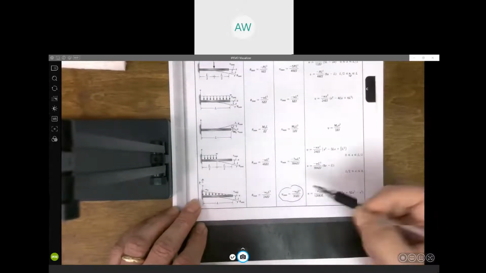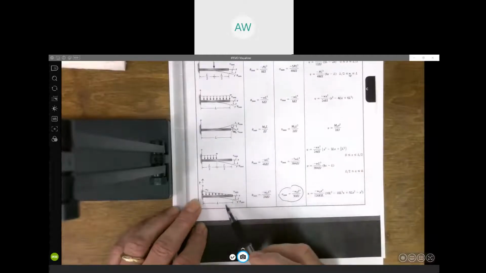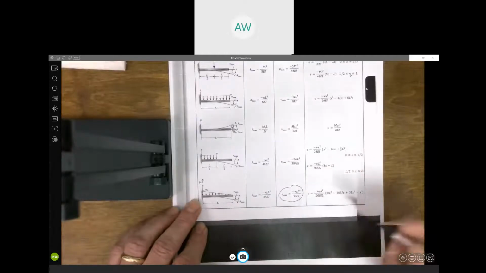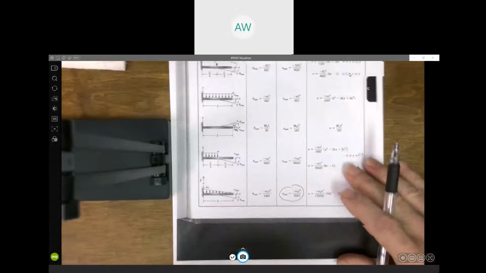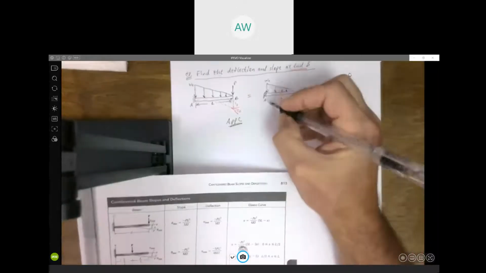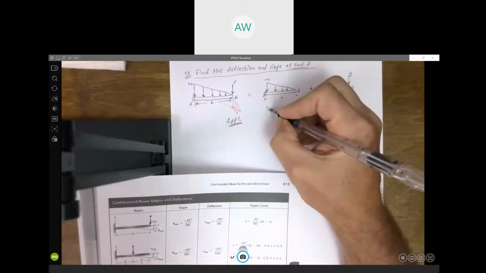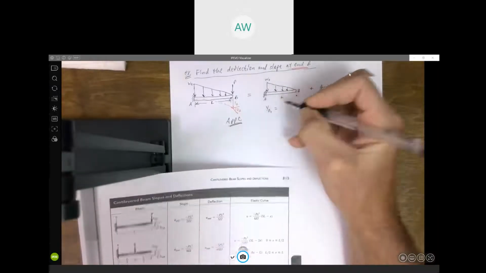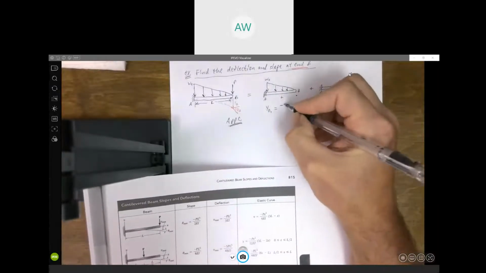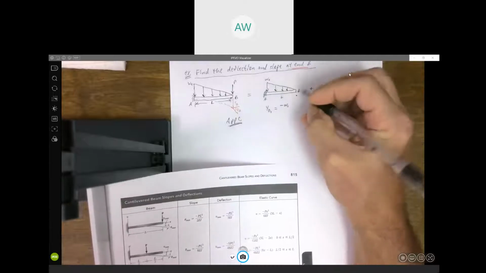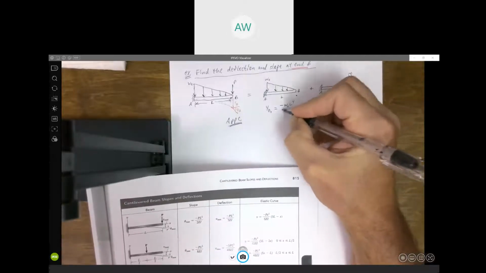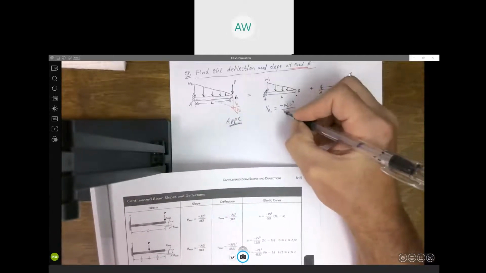And that would be minus W naught L to the fourth over 30 EI. Right? So I'll come back over here, and we'll call this YB1. And it's minus W naught L to the fourth over 30 EI.